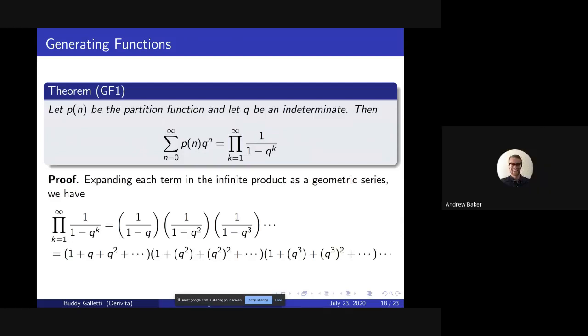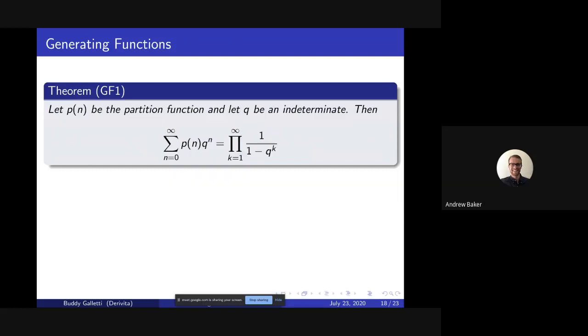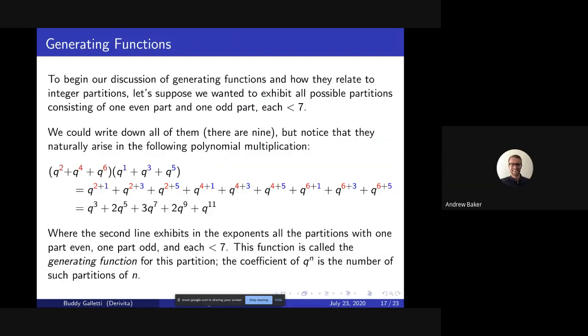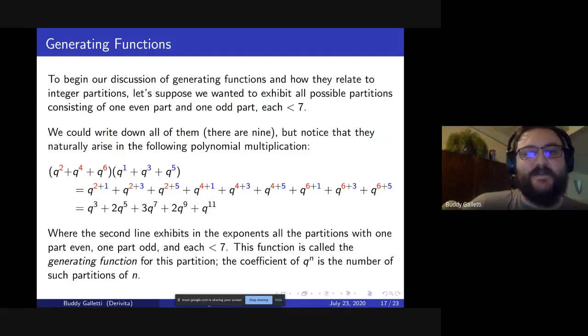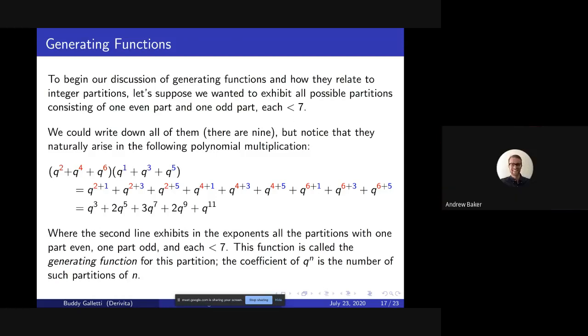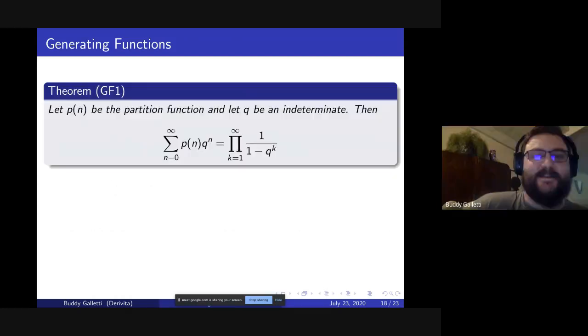So is it true that in your example on the previous slide, you were multiplying only 2 polynomials because you were looking at integer partitions with only 2 parts? Exactly, and we had some even further restrictions, restricting each part being less than 7 and stuff like that. So right, you don't have to do an infinite polynomial.